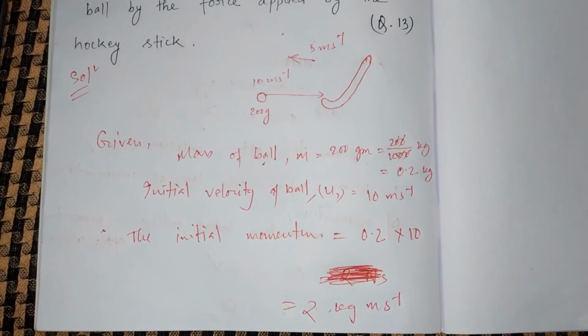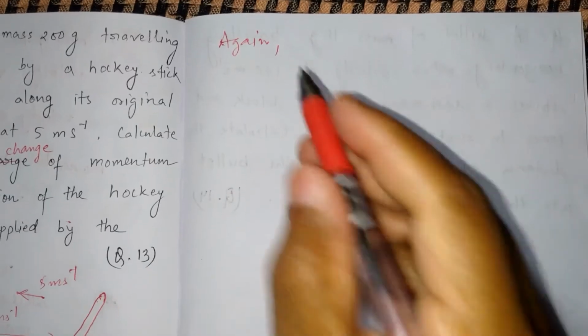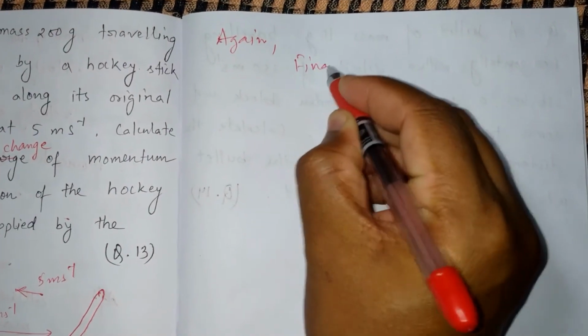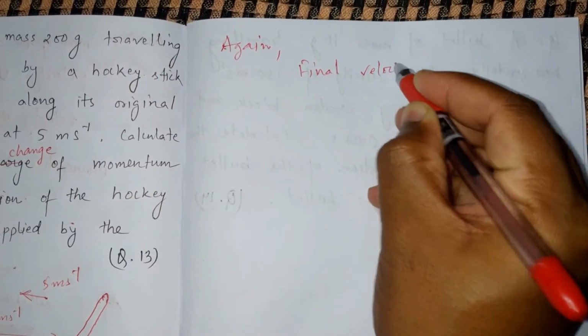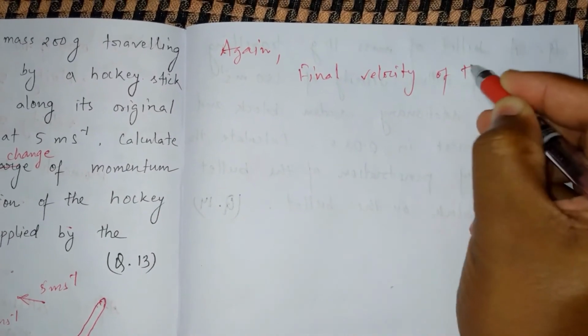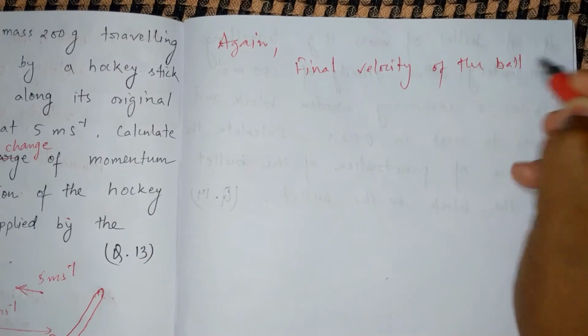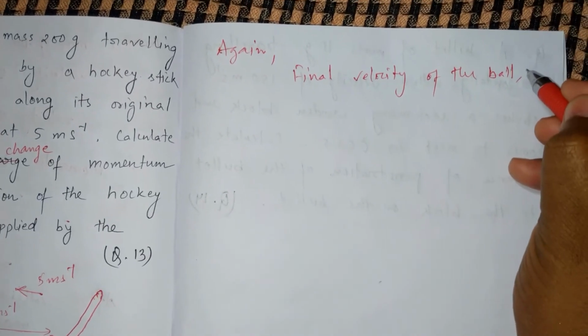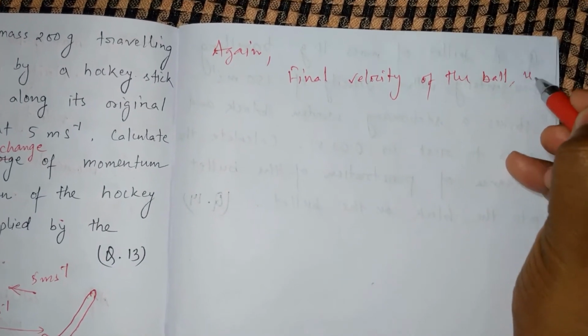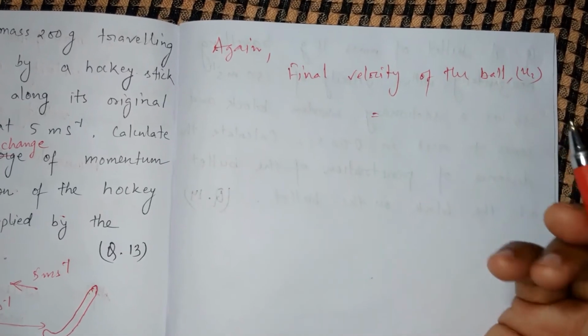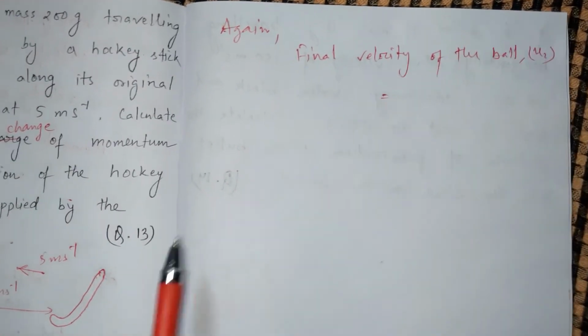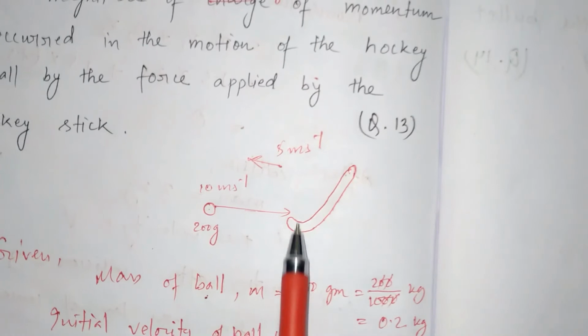Let's see the final momentum. So the final velocity of the ball. What is the final velocity of the ball? We will denote it with V, or U2, no matter. Here you see the ball is striking with the hockey stick.